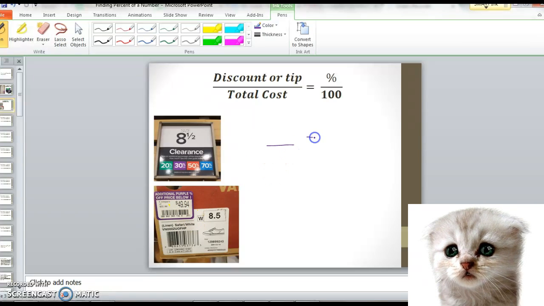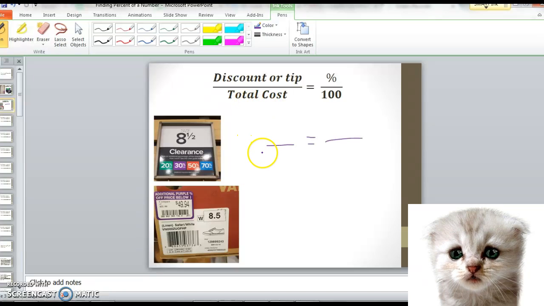I'm going to set up my two fractions. $49.94 represents my total cost. Now, if you notice that my cost is in purple, that means it's 30% off.